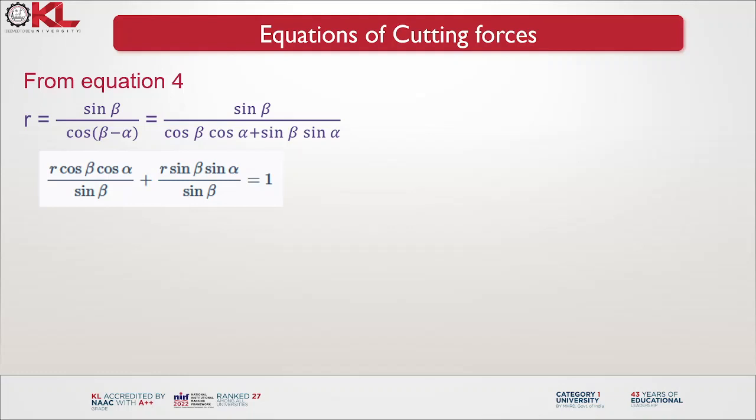Cross multiplying the above equation and rewriting it, R cos alpha times sin beta by cos beta, which is tan beta, is equal to, taking the remaining term to the right side, 1 minus R sin alpha.